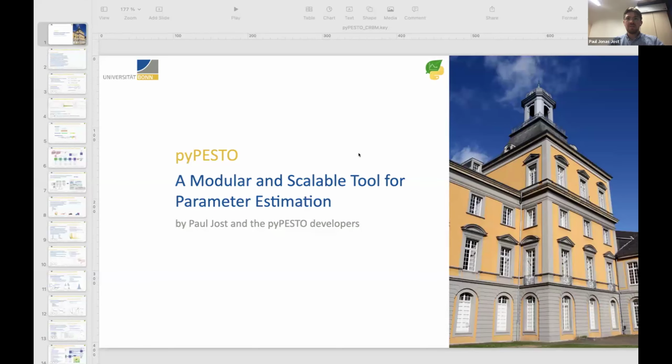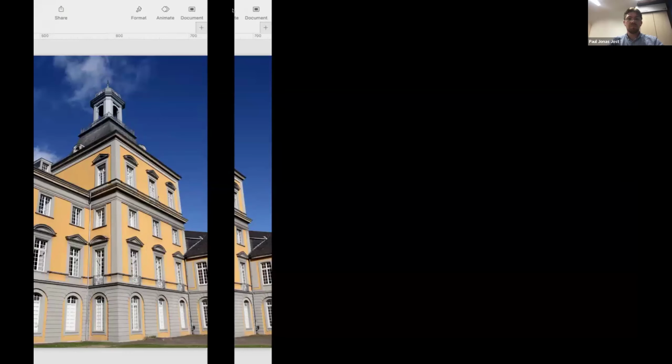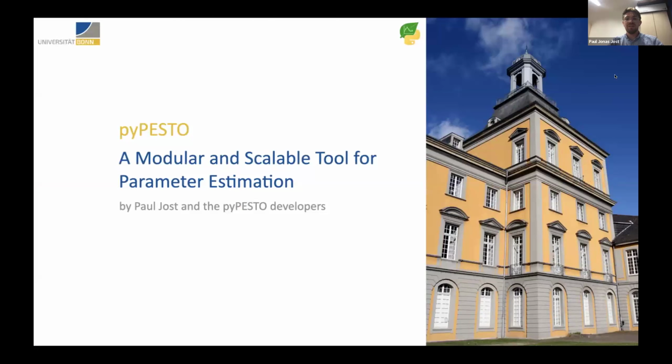Yes. So, always the important questions. Can you see my screen? Yes. Nice. Then the second important question, can you see my mouse? Because that also sometimes happens. Yes. Okay, good. Then we are ready to start.